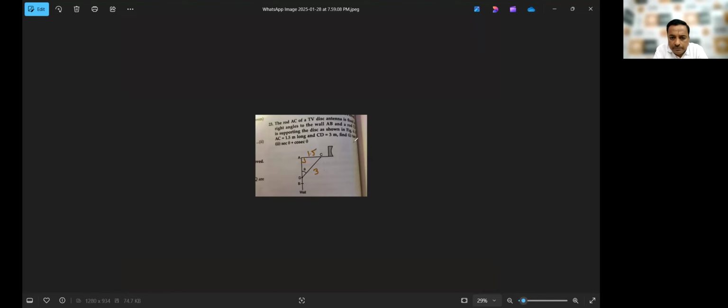Tan θ, और फिर sec θ plus cosec θ. So tan θ is equal to opposite upon adjacent. तो adjacent की वैल्यू नहीं है, then we have to use Pythagoras theorem.